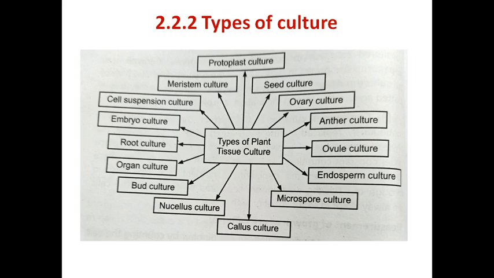Then students, next I am focusing on the types of cell culture. Generally there are 8 main types of cell culture. Tissue cultures are there. See here, the seed culture, ovary culture, anther culture, ovule culture, endosperm culture, microspore culture, callus culture, nucellus culture, bud culture, organ culture, root culture, embryo culture, cell suspension culture, meristem culture, and protoplast culture.